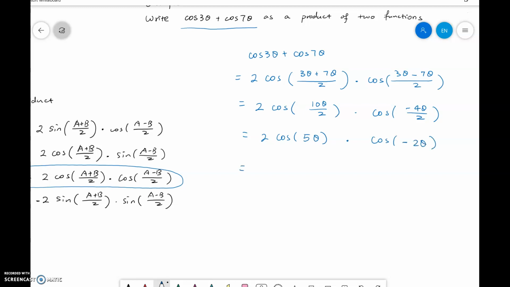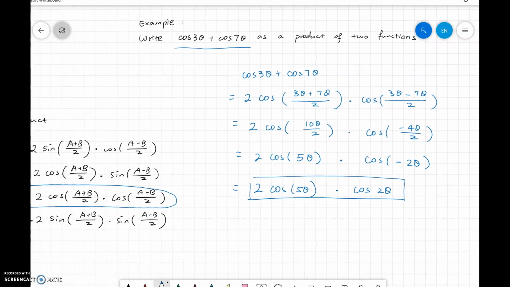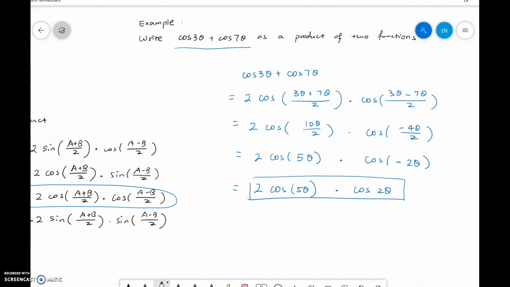Since cosine is an even function, cosine of negative 2 theta is the same as cosine of 2 theta. So that is the answer for rewriting the expression as a product of two functions.